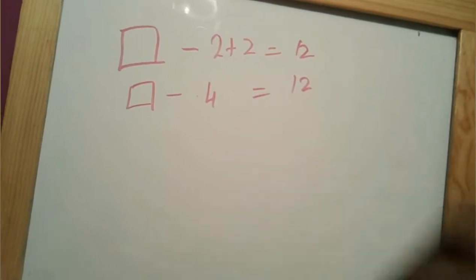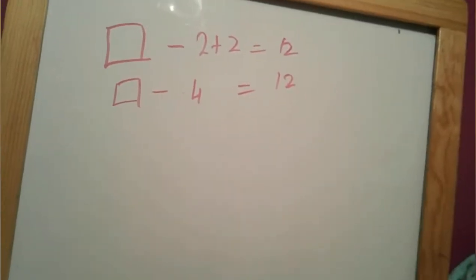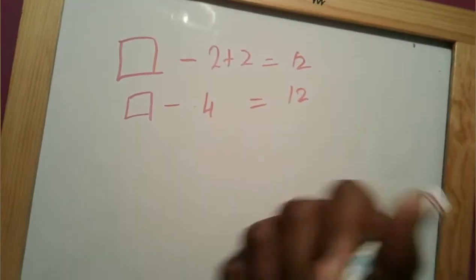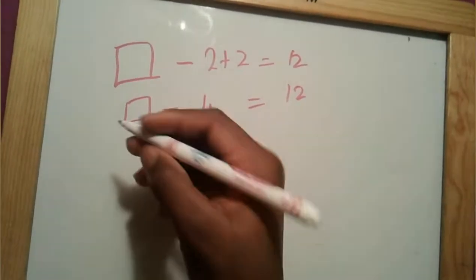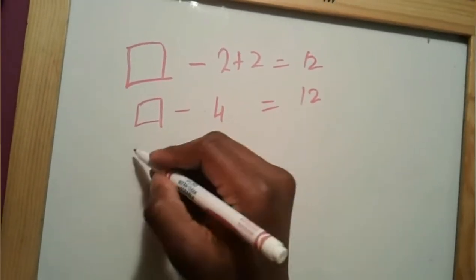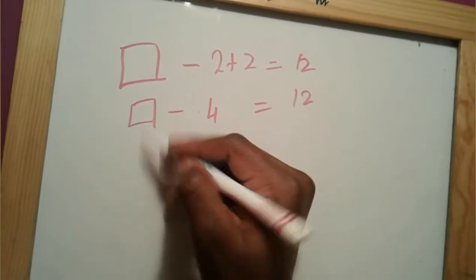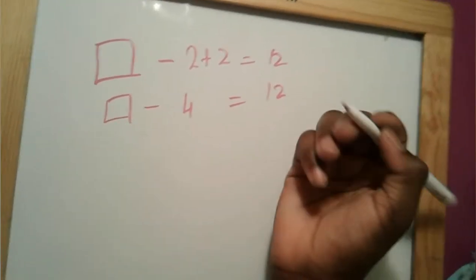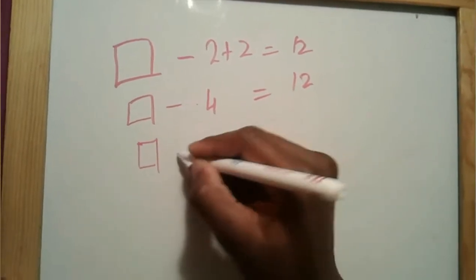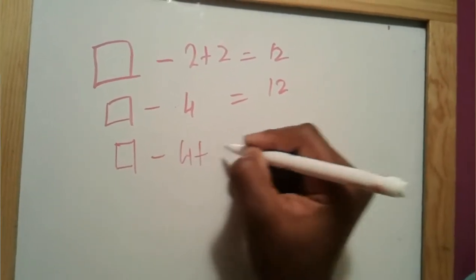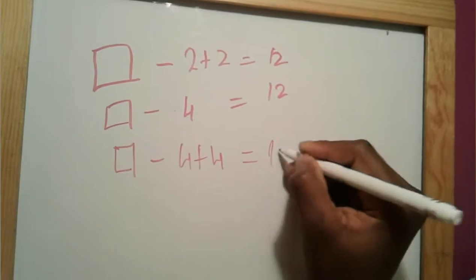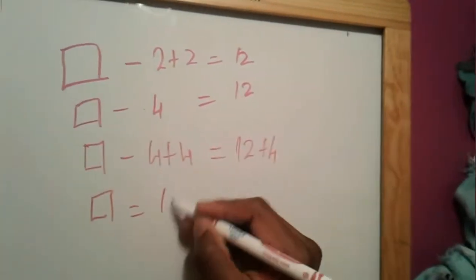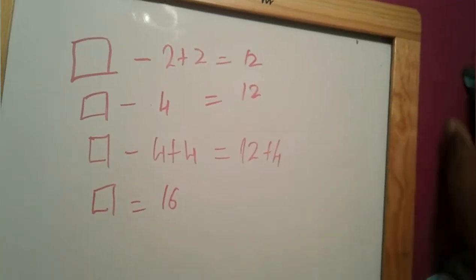So yeah, it's the same, but they use different variables like that. You do the same thing as when you are using the letter, and the box is equal to 16, and there you find the answer.